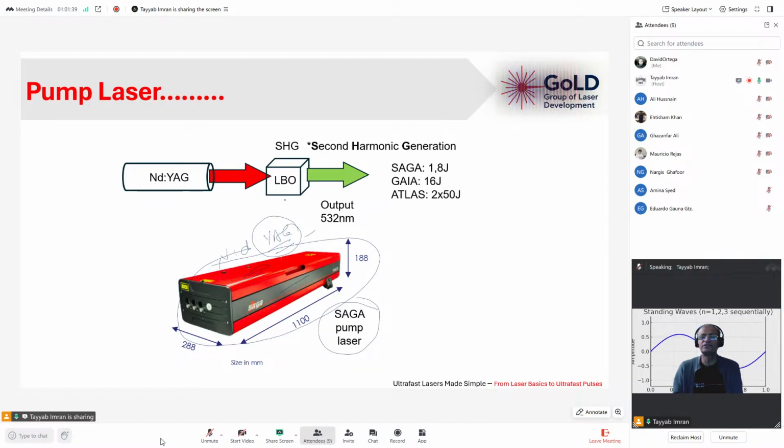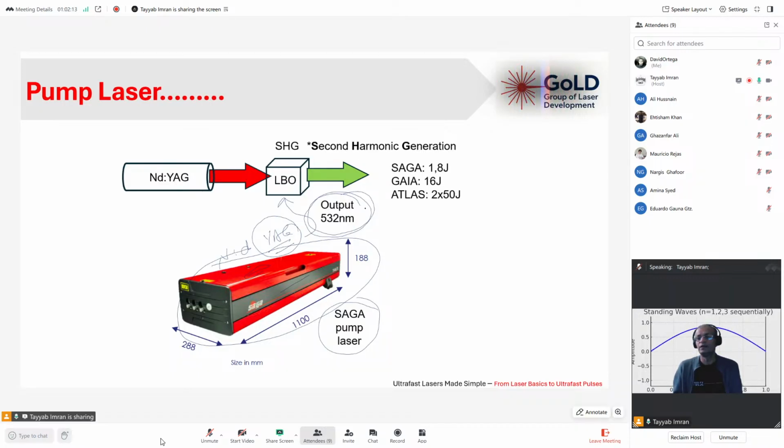So, as I mentioned in my previous lectures, we use a second harmonic generation crystal to convert this 1064, or whatever it is, to half. By using this second harmonic generation crystal, we get 532 nanometer output, which is essential to pump the titanium sapphire.